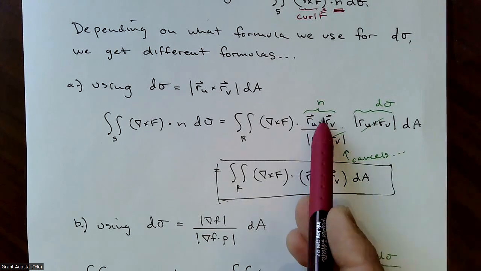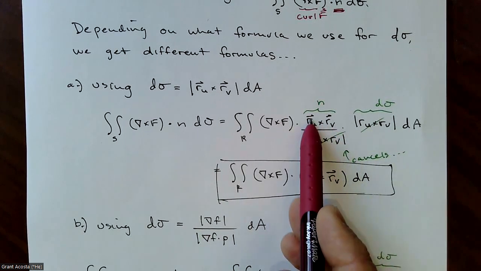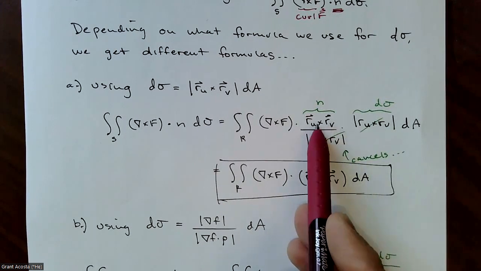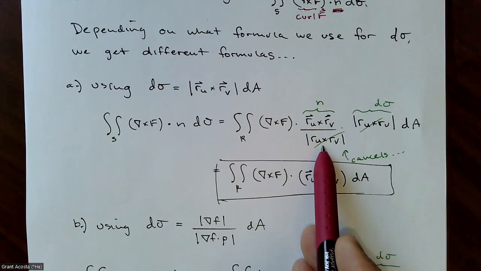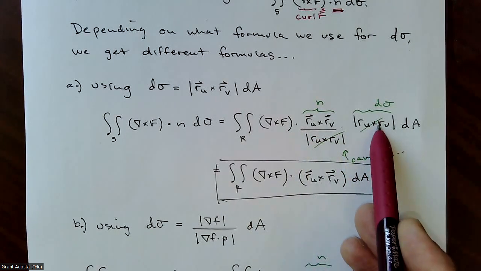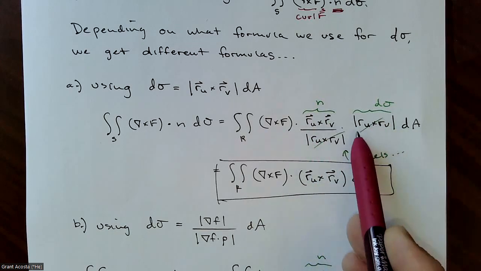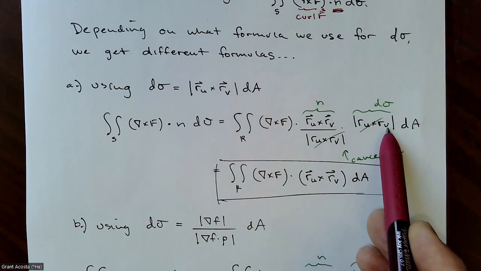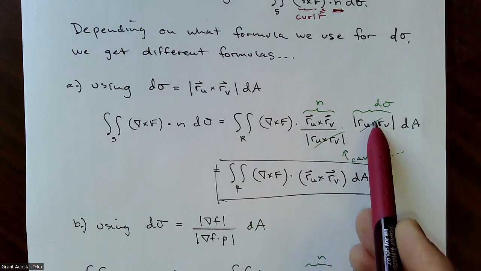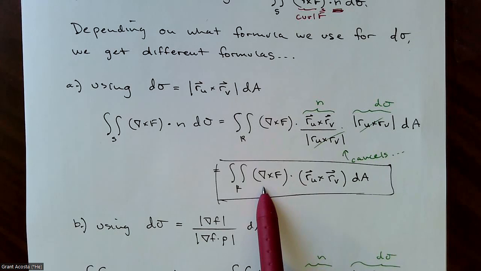Remember, for parameterization, you would have r sub u crossed with r sub v. You'd have 2 parameters, divide by the magnitude. That would be your n vector, right? That would be your normal vector. And then d sigma is just the magnitude of r_u crossed r_v. Those are going to cancel out, and we're going to be left with just this double integral.